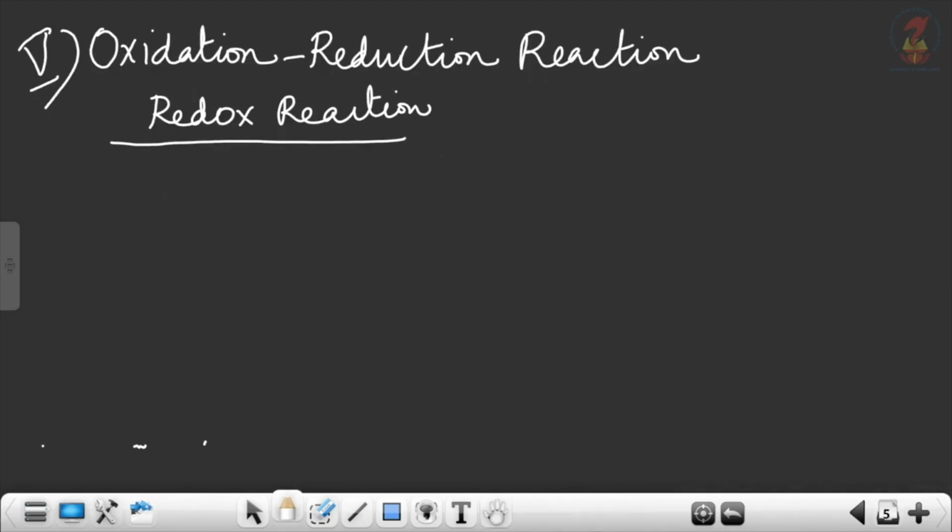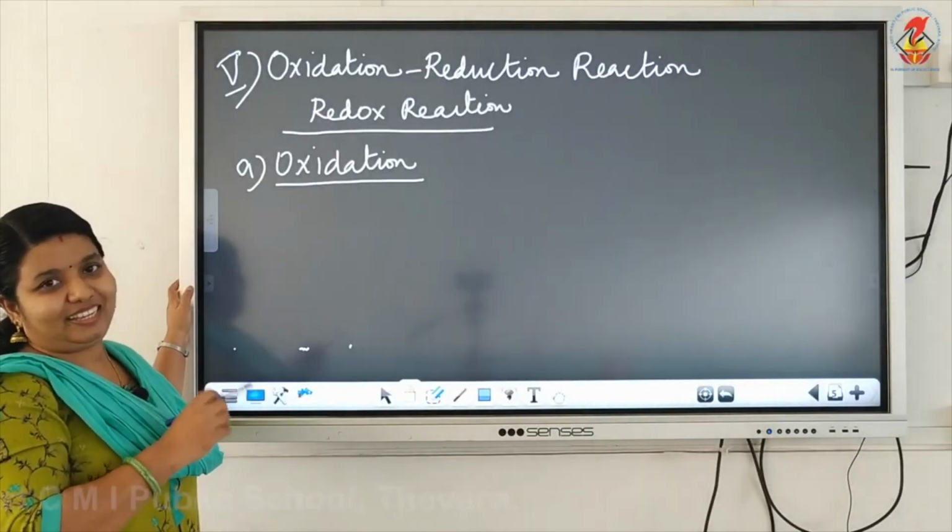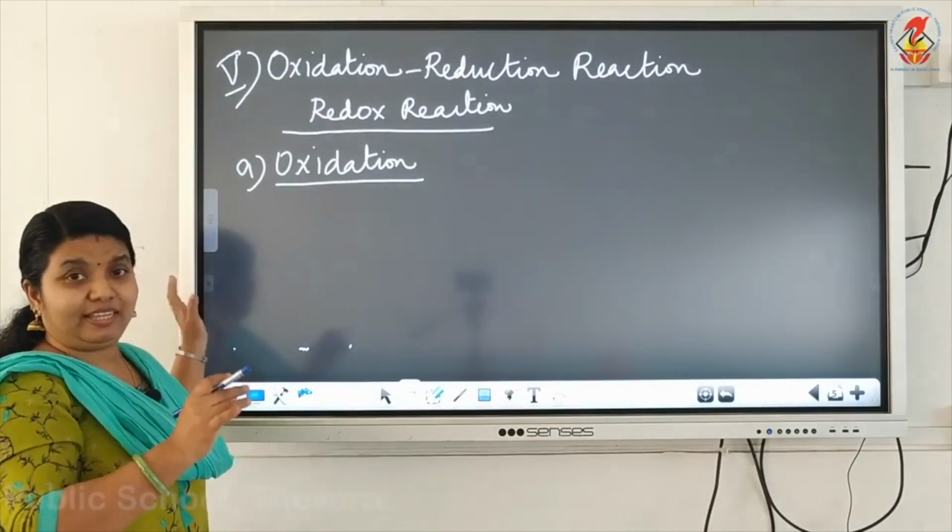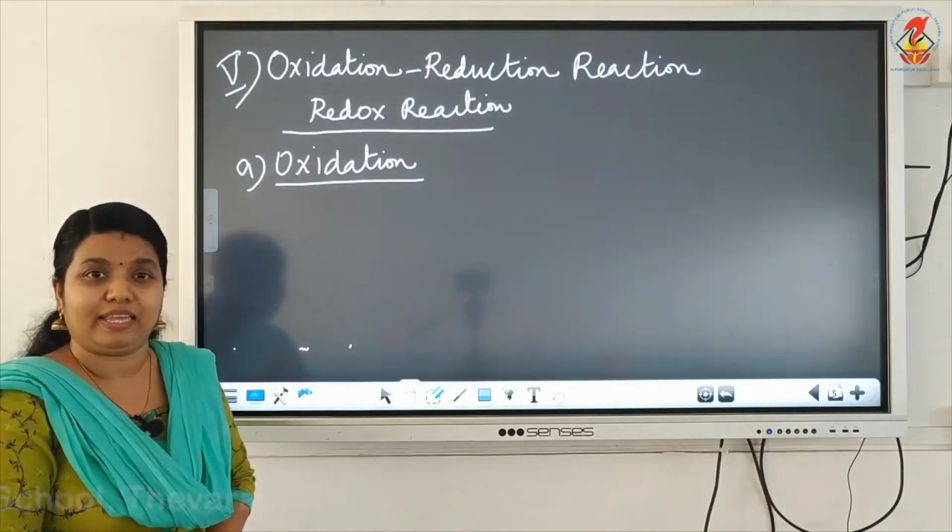Okay. Now before we move on to oxidation reduction, let us see what is oxidation. What is an oxidation reaction? As the name suggests, there is involvement of oxygen in this reaction. Oxidation is any reaction in which a substance is gaining oxygen.